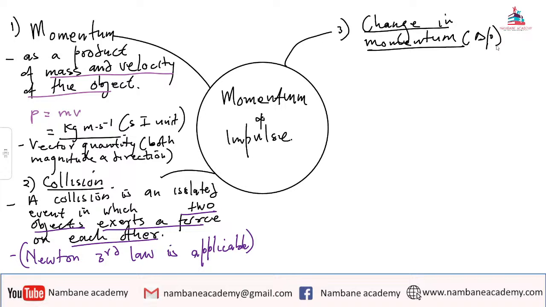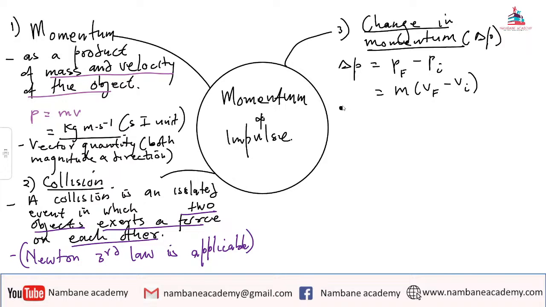It's an easy thing to understand. We said momentum is equal to mv, so change in momentum means P final minus P initial, which is mv final minus mv initial.